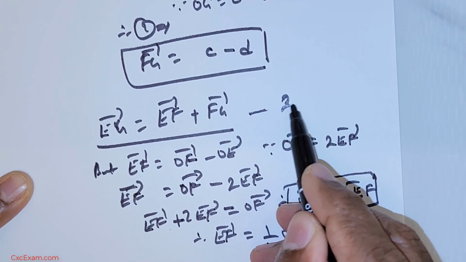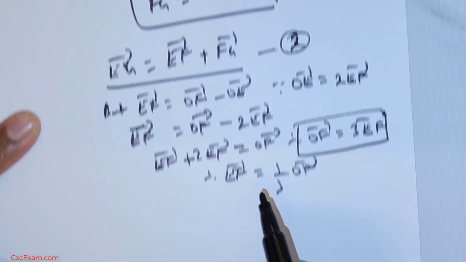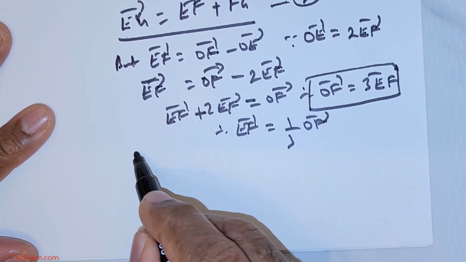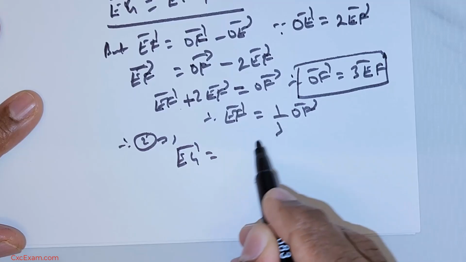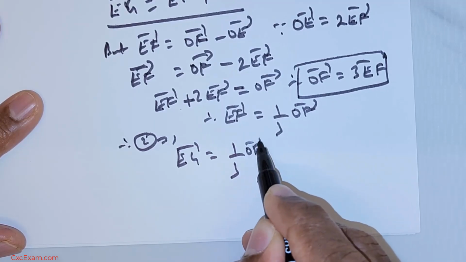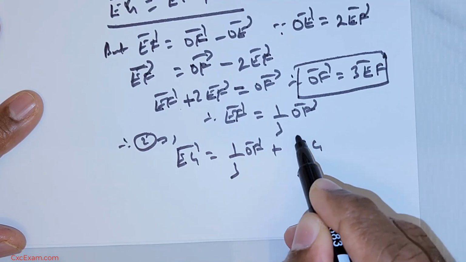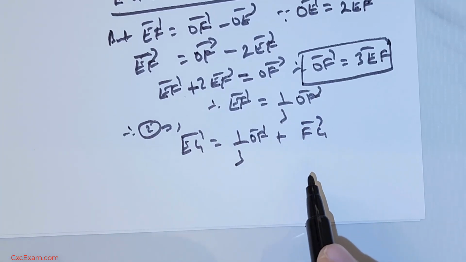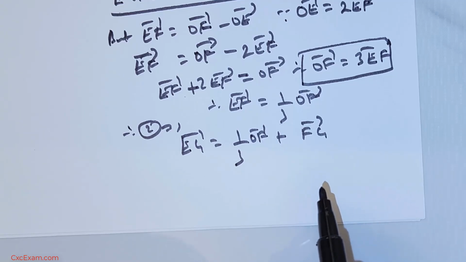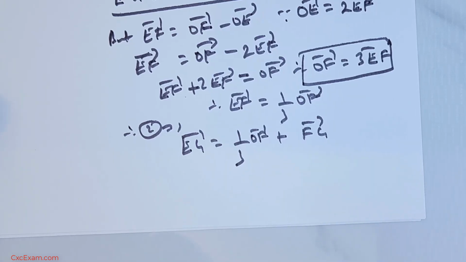So if we were to take this as 2, we have got EF and we have OF. So therefore 2 is going to be EG vector is equal to 1 over 3 times OF vector plus FG vector. But we will have to evaluate what is FG vector. That is also critical, right? So let's do that.